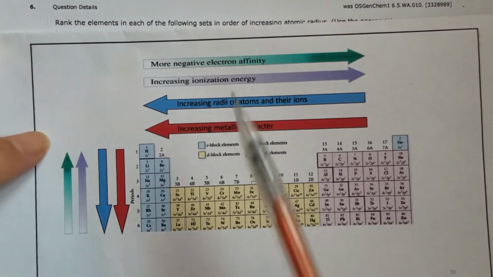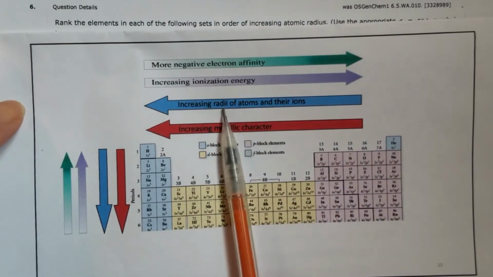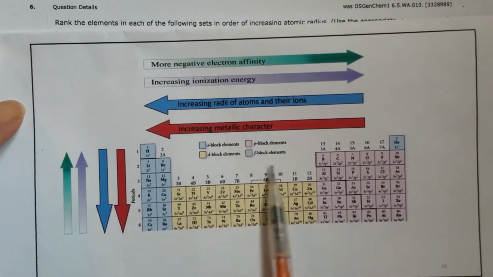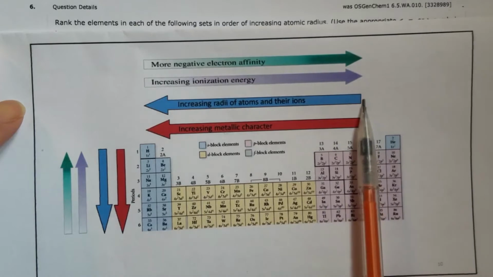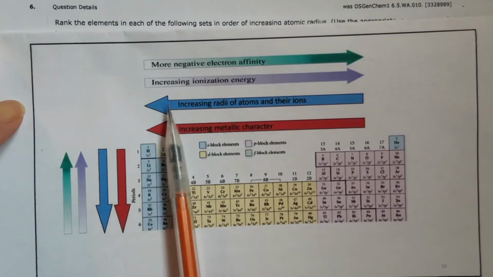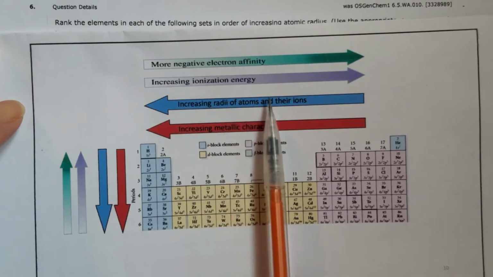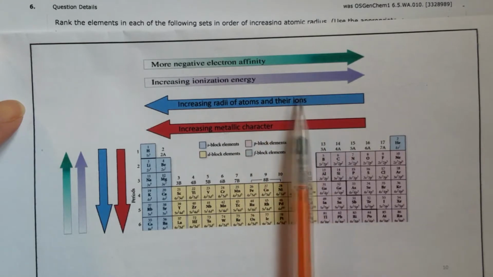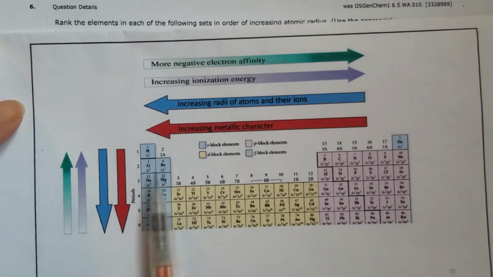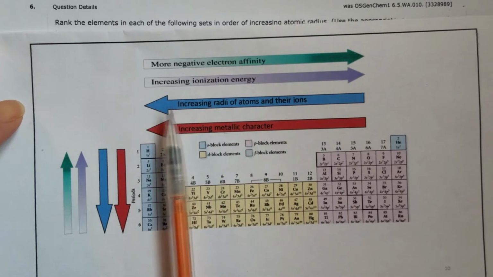Please recall this chart, the blue one, referring to a periodic table. From right to left, you see the arrow direction is the increasing radii of atoms and their ions. Which means from right to left, the size of atoms or ions in general increases.